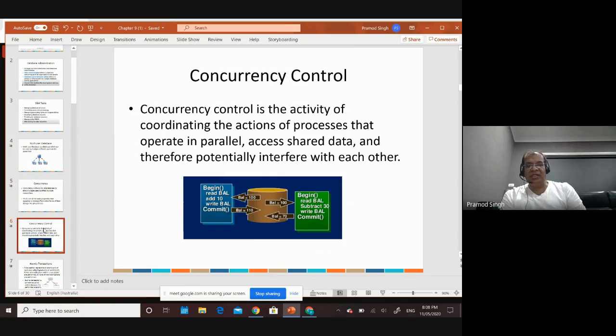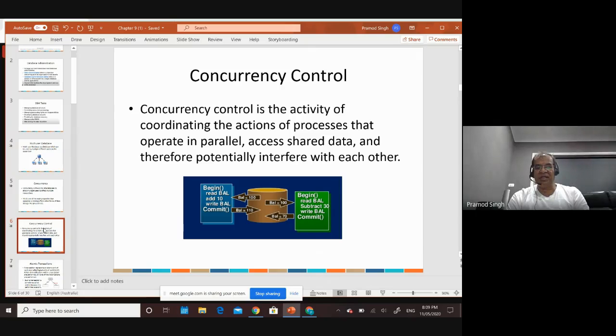Concurrency control is an activity which is also coordinated by the DBA. It controls the actions of processes that operate in parallel. Multiple processes are running in parallel, accessing shared data, and therefore potentially interfere with each other. In the diagram, in the middle box, the gold color is the database, and there are two processes, one in a blue box and another in a green box.